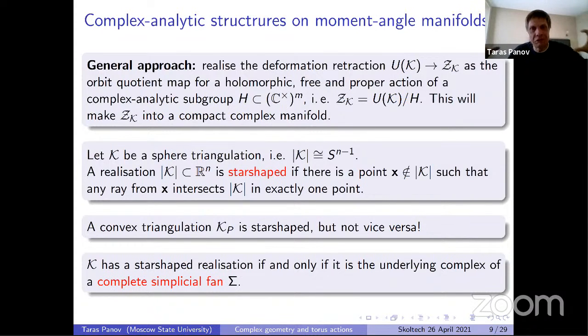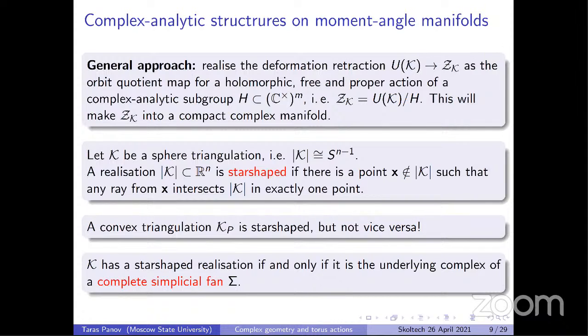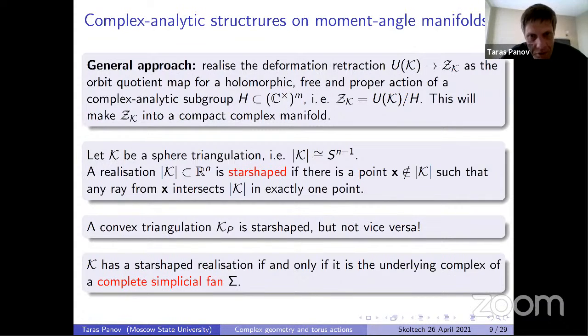Then you need to glue these things together, and you can prove that the resulting combinatorial sphere triangulation cannot appear as an underlying triangulation of a complete simplicial fan. So these things exist starting from dimension 3, the dimension of the sphere, where the fan is 4-dimensional.